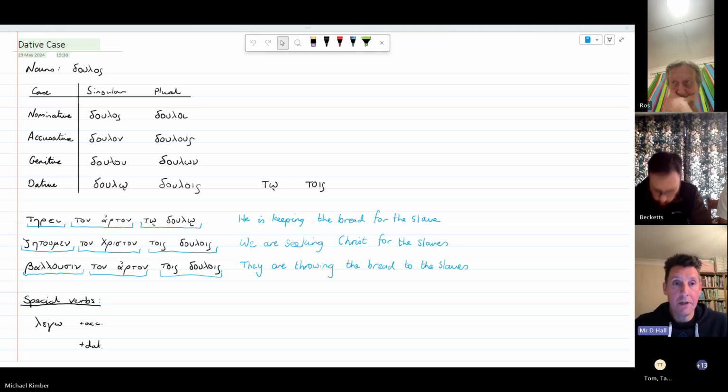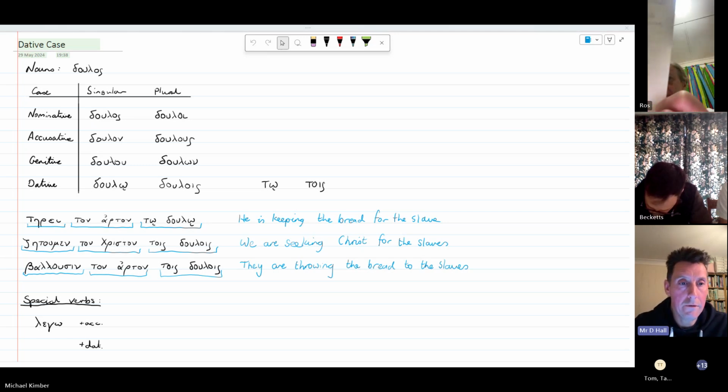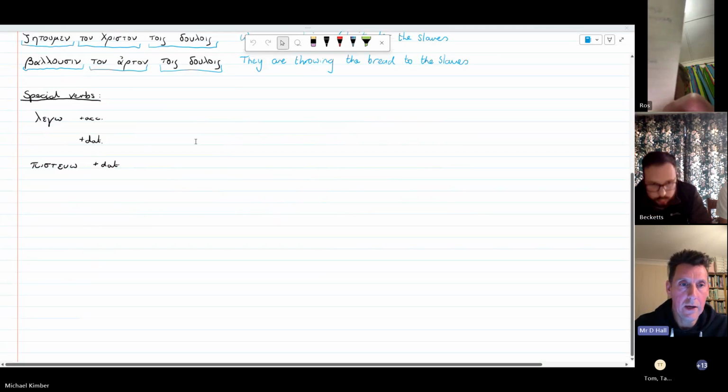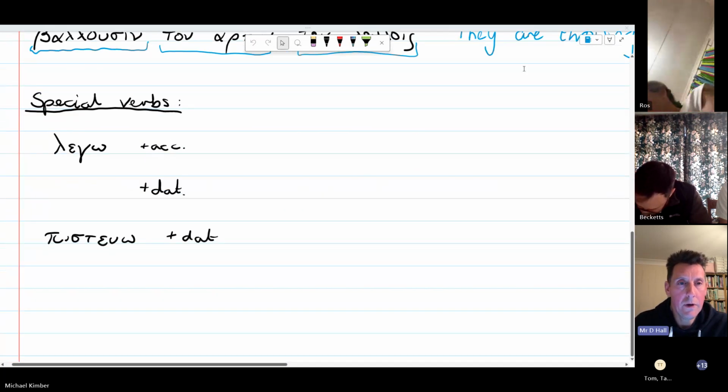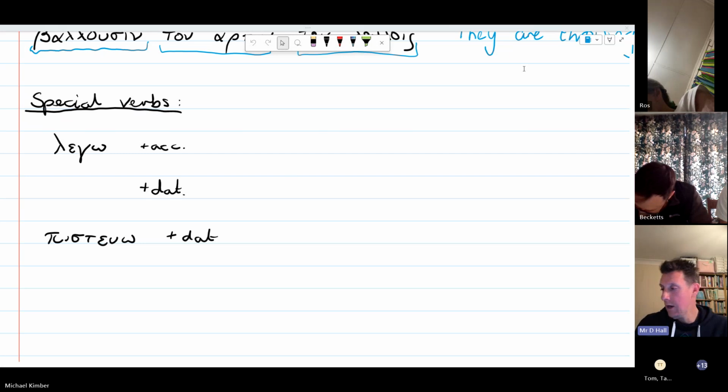Right, as with the genitive and the verb akuo, if you're able just to scroll down a little bit, Michael, there's a couple of special verbs that we have which use the dative. And so the special verb that we'll just think of here is lego, and this might make some sense. Lego is the verb to say or to speak. So I say, I'm speaking.